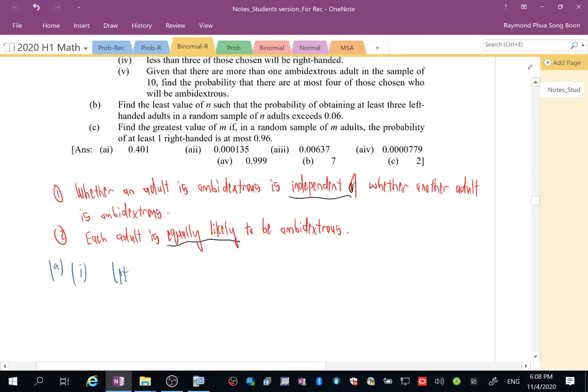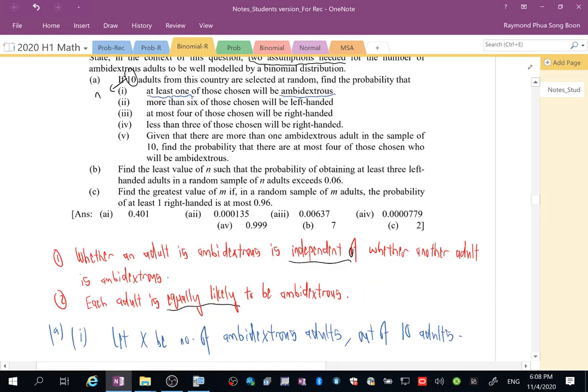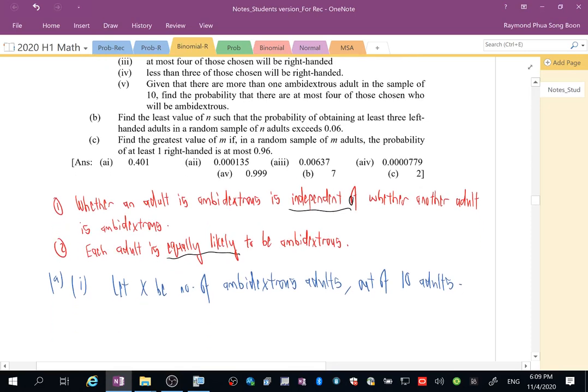Let x be the number of ambidextrous adults out of 10 adults, because n is 10. So x follows a binomial distribution with n equals 10.